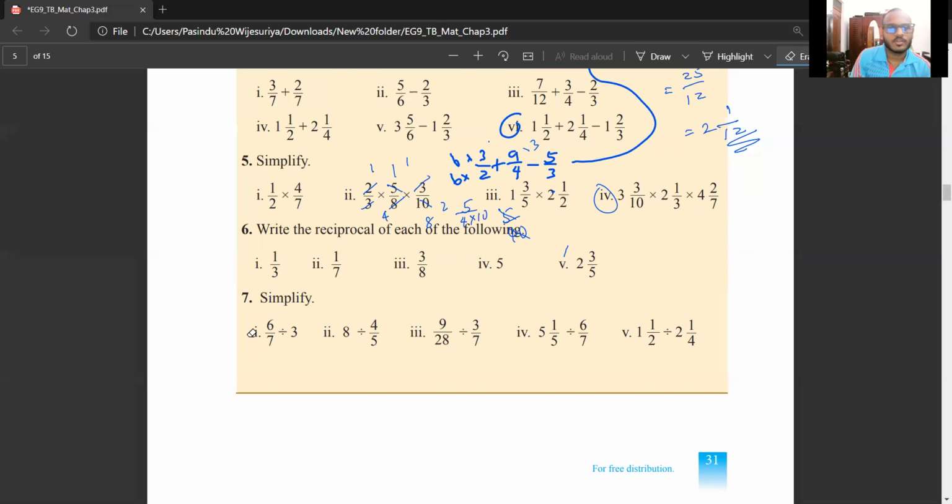Okay, so here question number 7, simplified. Here, divided by 3 means into 1 over 3, because when dividing by 3 you put the reciprocal, and 2 over 7.